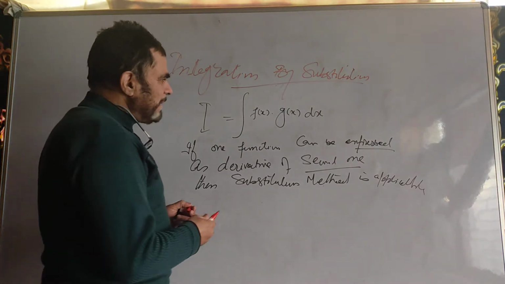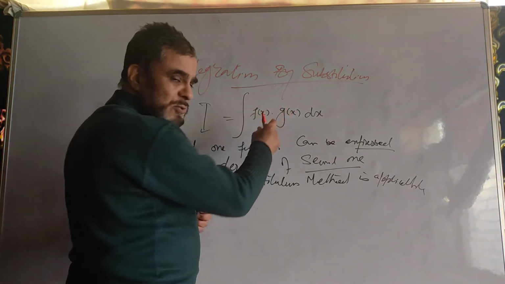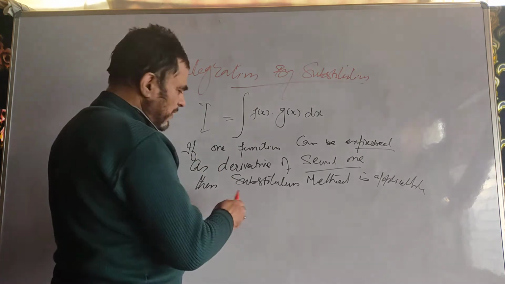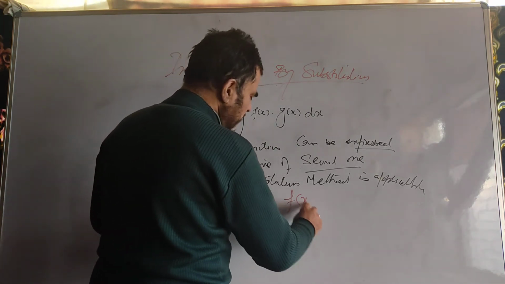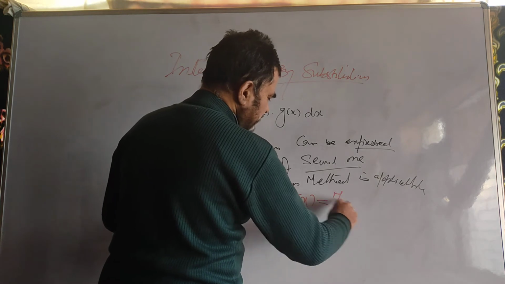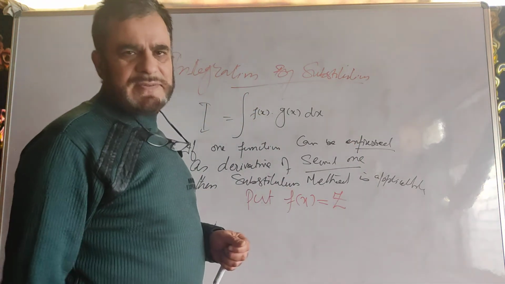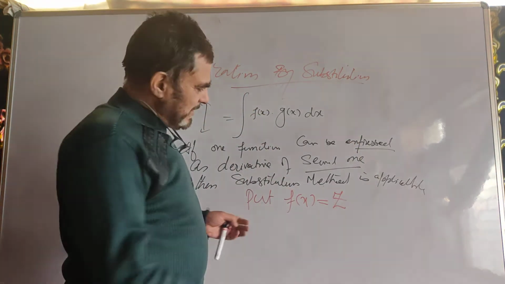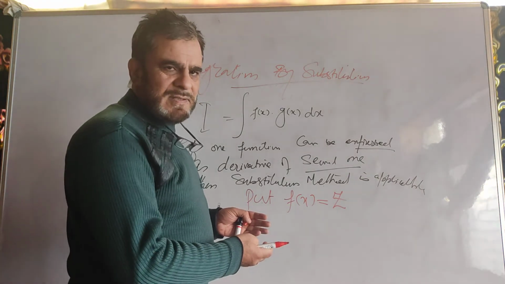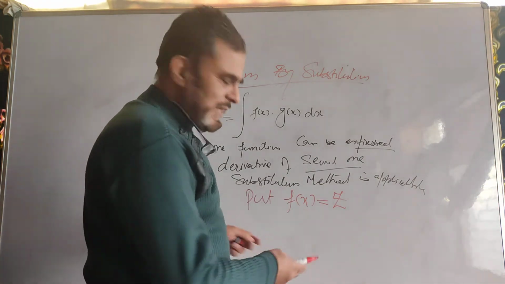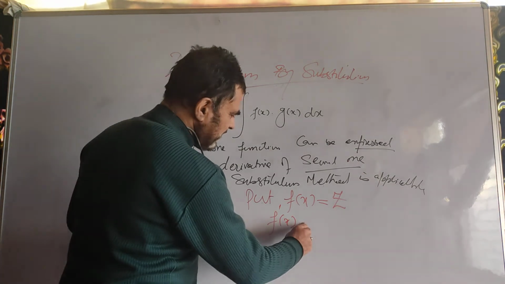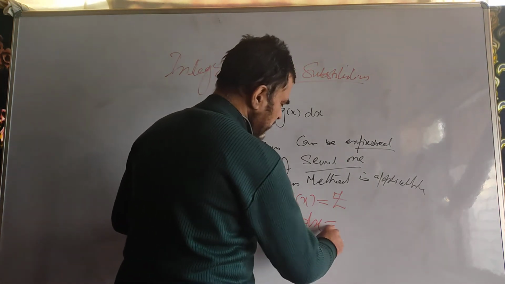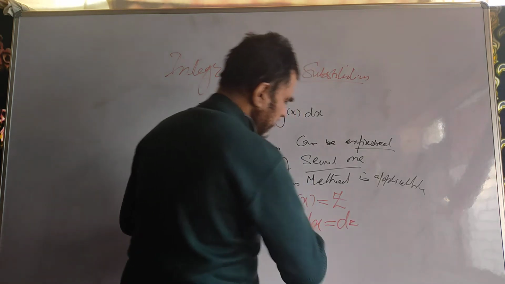Suppose g(x) looks like the derivative of f(x). What you do is put f(x) equal to a new variable, say z or t, whatever it is. And by the theorem on this, when you make this substitution, it gives you f'(x) dx is equal to dz, because you are differentiating.